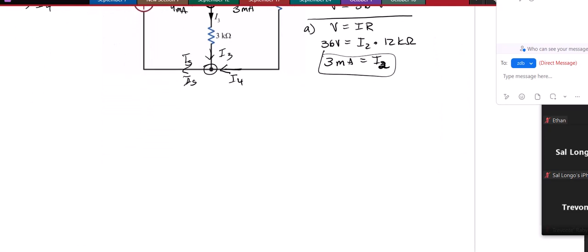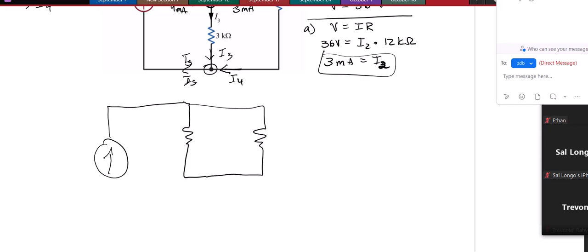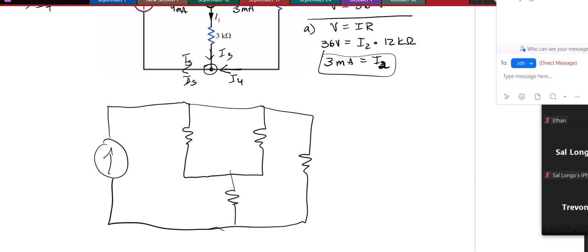So let me redraw this. And this was 4 kilo ohms, and this was 12 kilo ohms. Now keep in mind, we know the current going through both of these branches, so we know that.